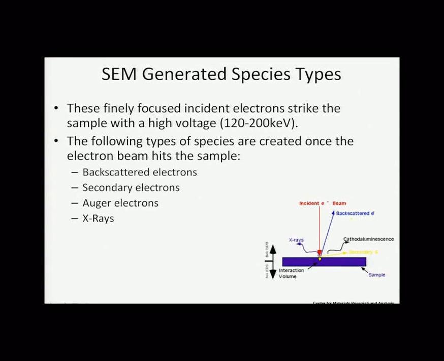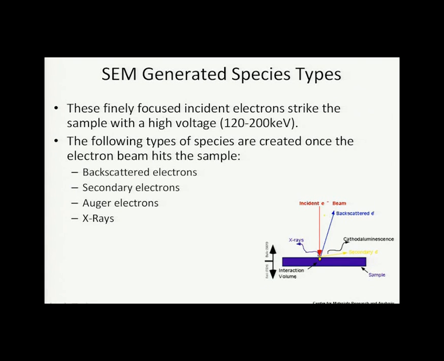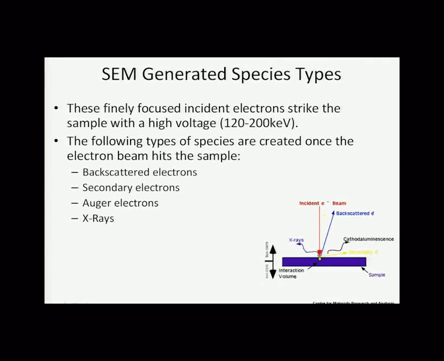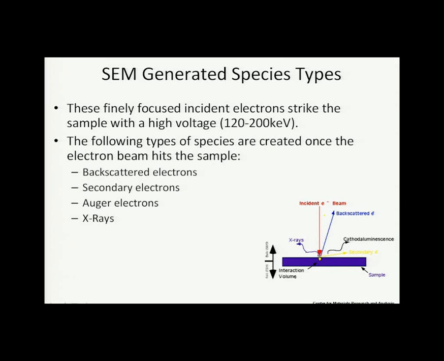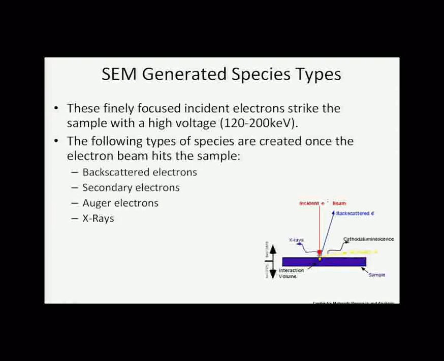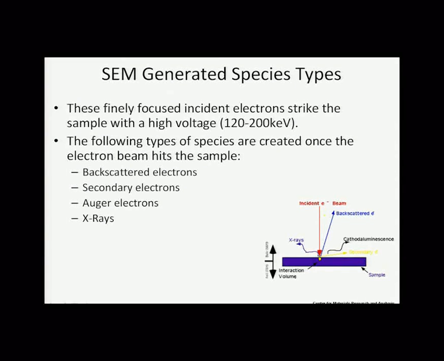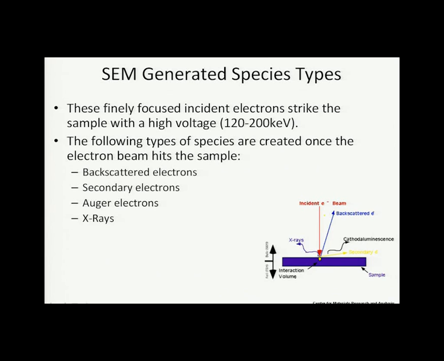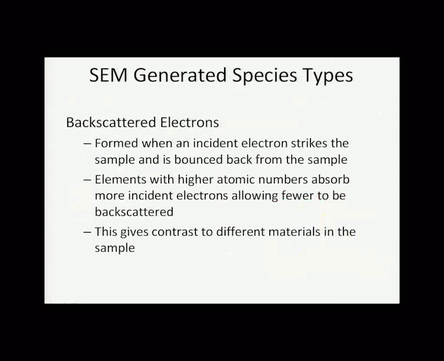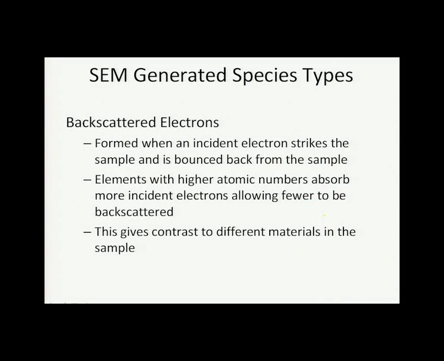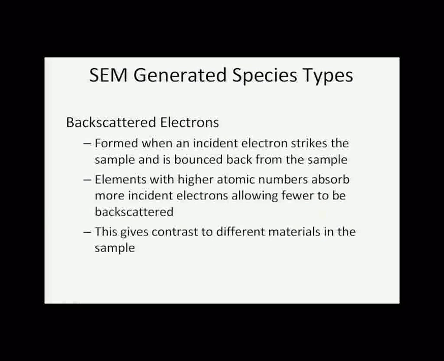We can have backscattered electrons, secondary electrons, Auger electrons, and X-rays. All different types of species created from the bombardment of just one particular species, the electrons coming off of that tip and being accelerated down the column.